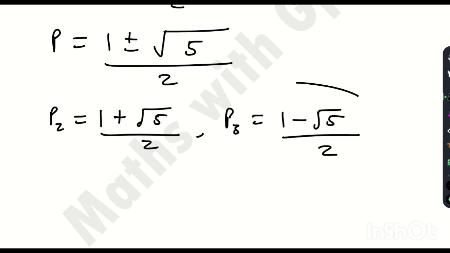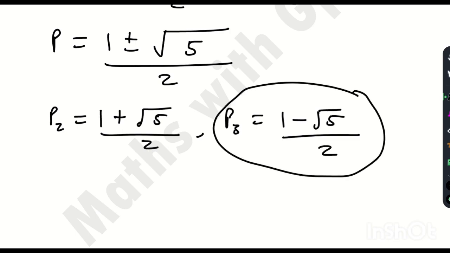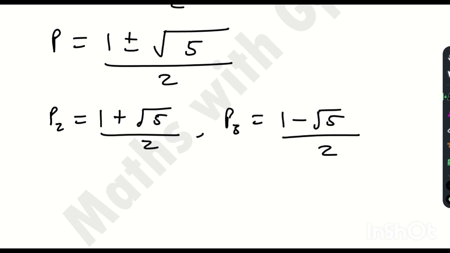Okay, now look at this solution closely. This will give us a negative value, 1 minus the square root of 5. The square root of 5 is going to be 2 point something, and 1 minus 2 point something will give us a negative value. So we cannot use this because it's a negative number.